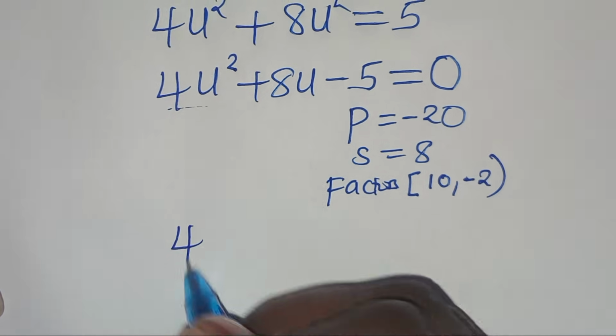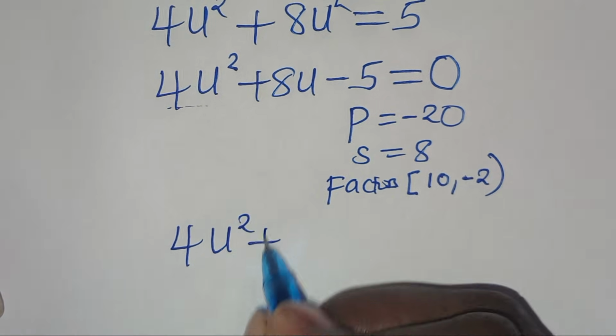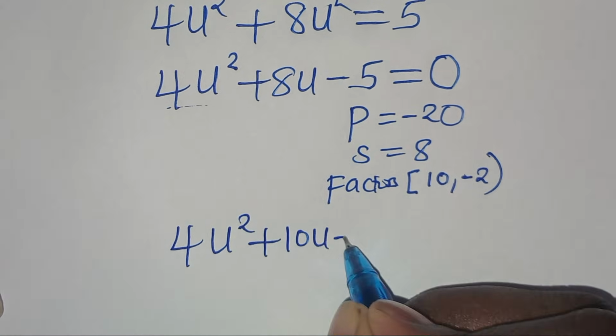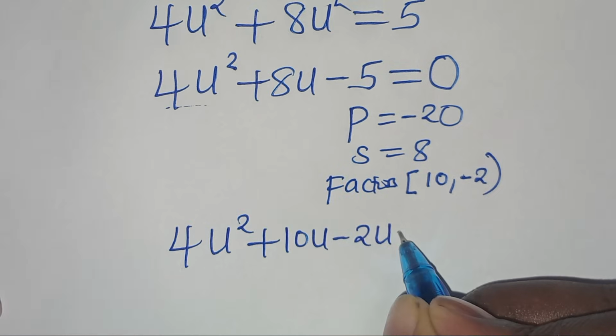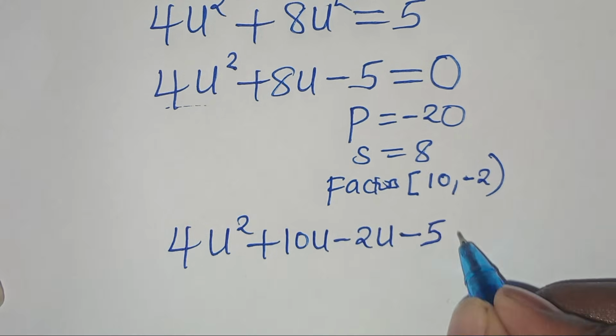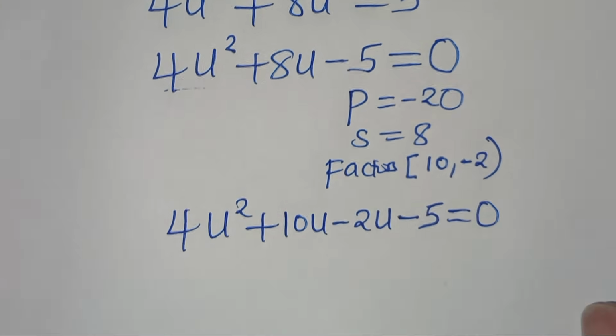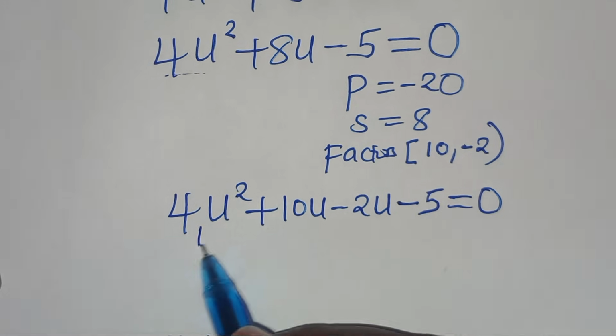So let's substitute these two factors into the equation. We have 4u squared plus 10u, subtract 2u, then minus 5. This is equal to 0. Now, we have two parts here.